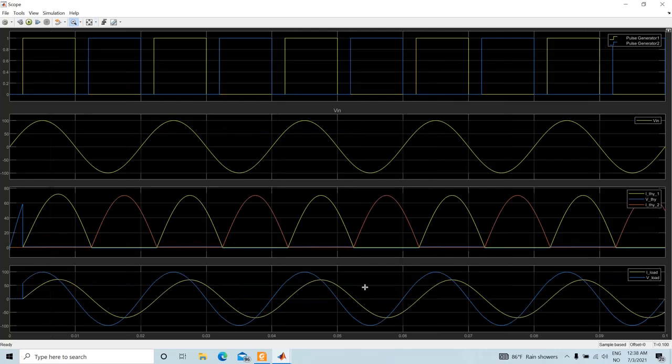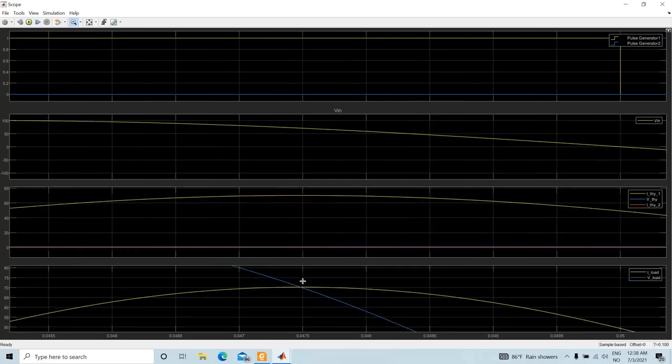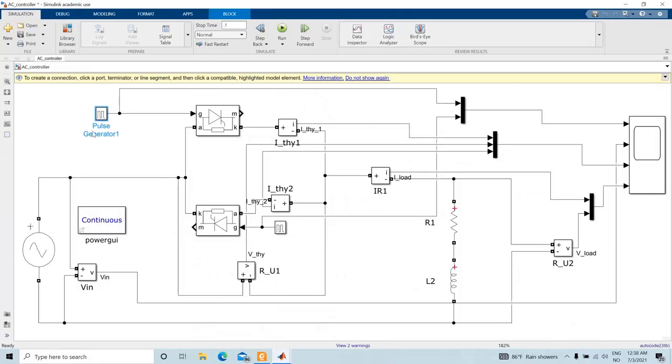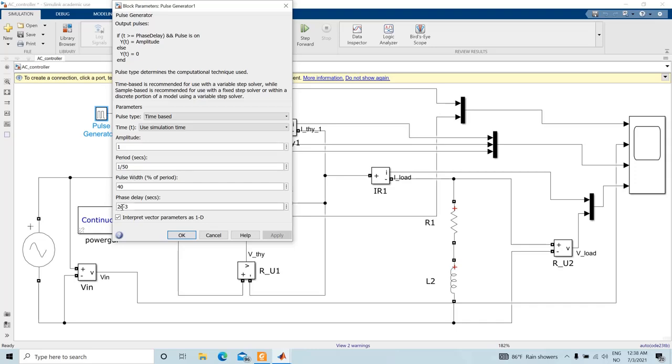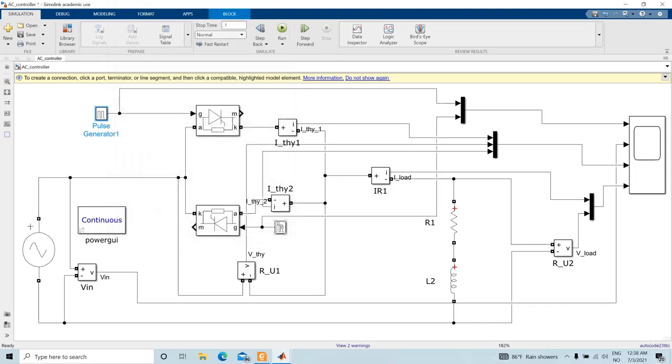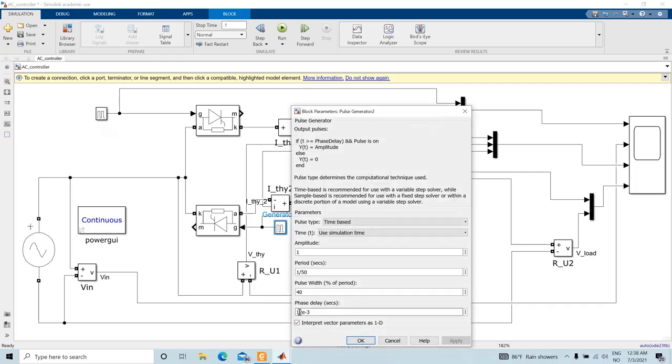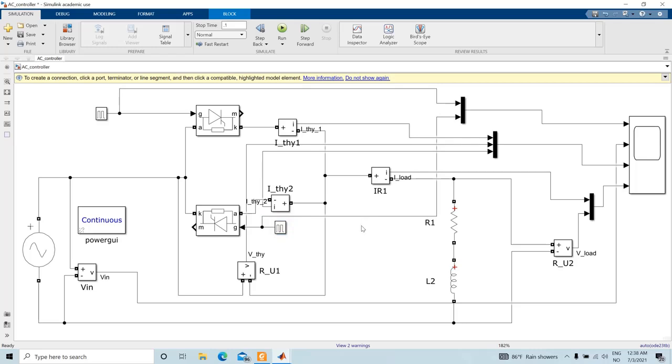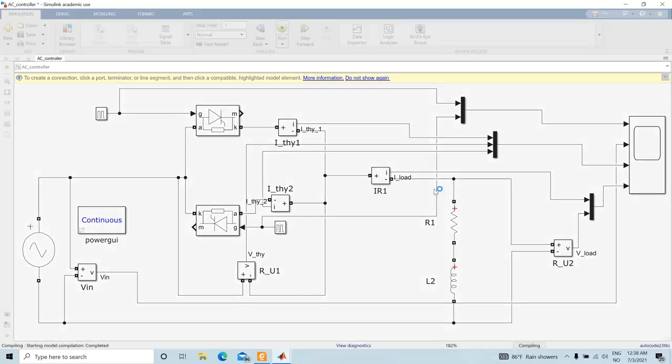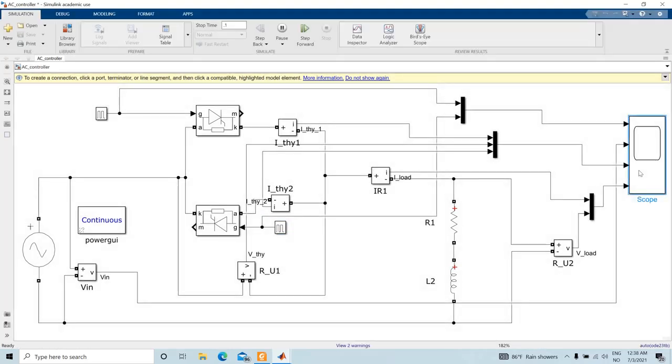So let's see what's the amplitude of the output current. This is our output current, and if we zoom in at the peak, you can see that it is around 70 amp in this particular case. If we change this phase delay, let's say by 1, replacing this 1 with 11, then the output current should also be 70 amp.